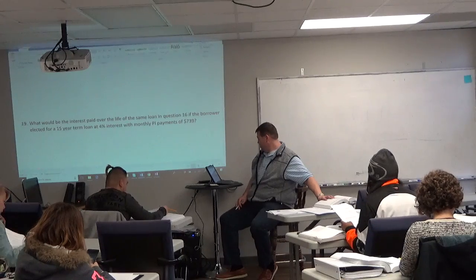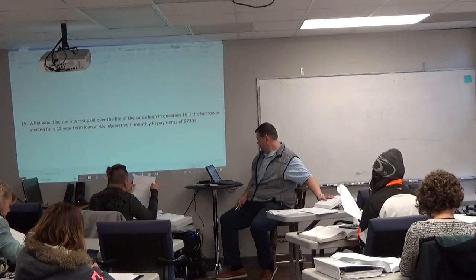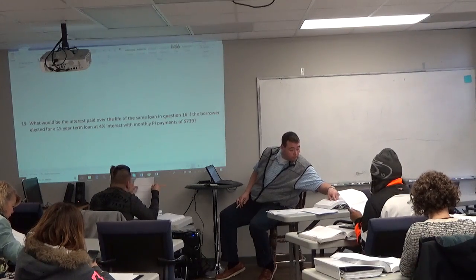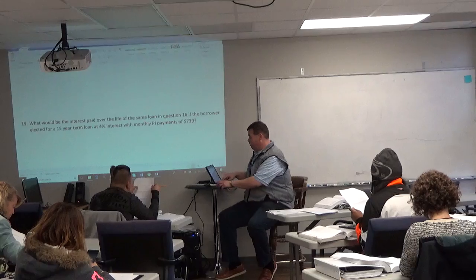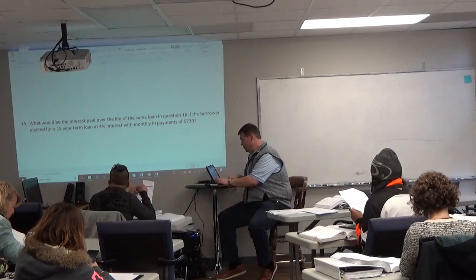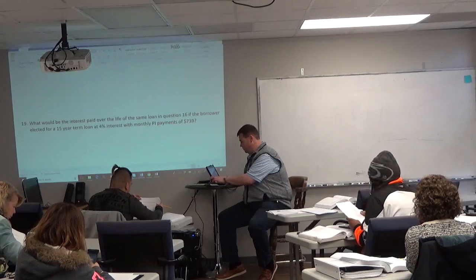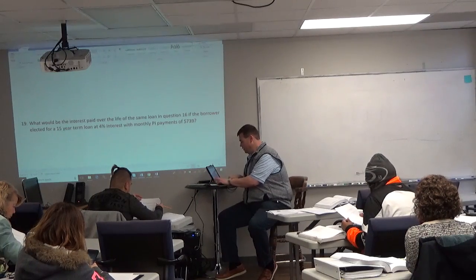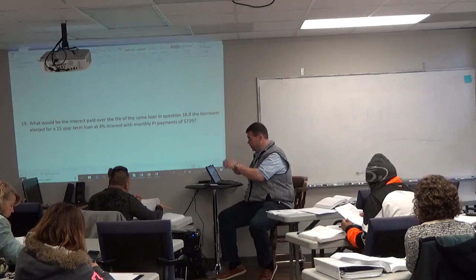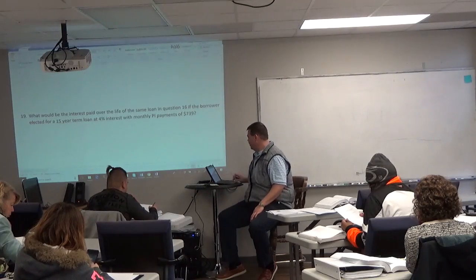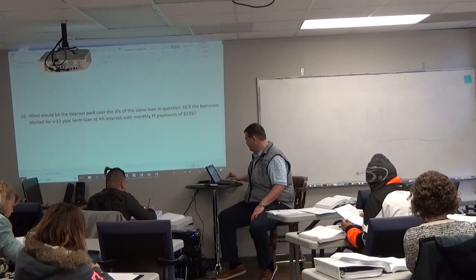Because at 4% interest on a 15-year term, 15 is 740. Yeah, it's 100. So it should have been the $100,000 one. It should say, rather than question 16, it should say question 18 there.